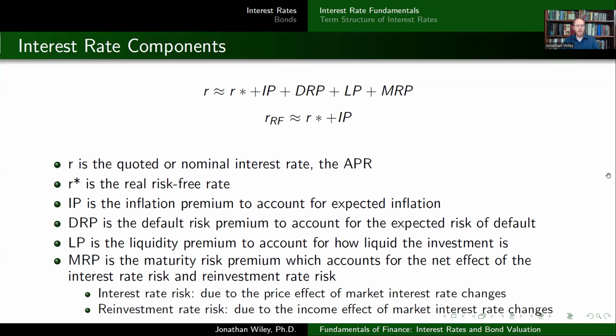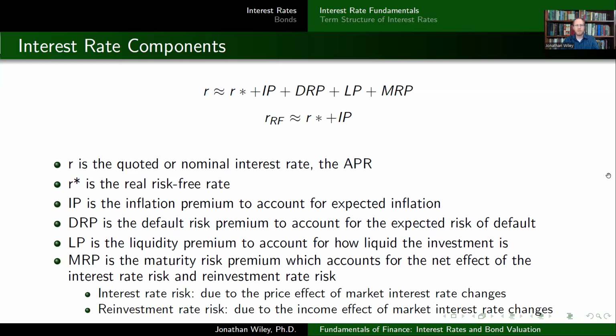So I'm going to estimate what I think the level of inflation is going to be over the period of the loan, and incorporate a charge for that to the borrower to ensure that A, I get enough money back to buy whatever I wanted to buy before, B, I get some compensation for waiting, and C, we've accounted for the fact that things are going to cost more. Basically, the inflation premium accounts for the expected level of inflation.